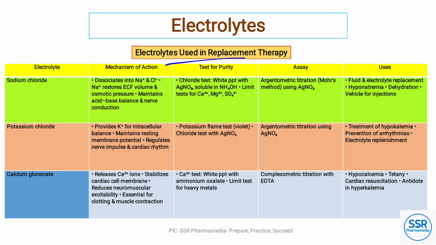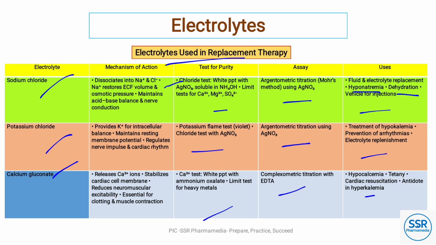And electrolytes used in replacement therapy. These are all the compounds, their mechanism, assay of each compound, test for purity and uses of each compound. Take a screenshot and read it. Uses: mainly used in electrolyte replacement therapy. Sodium is used in hyponatremia and dehydration.